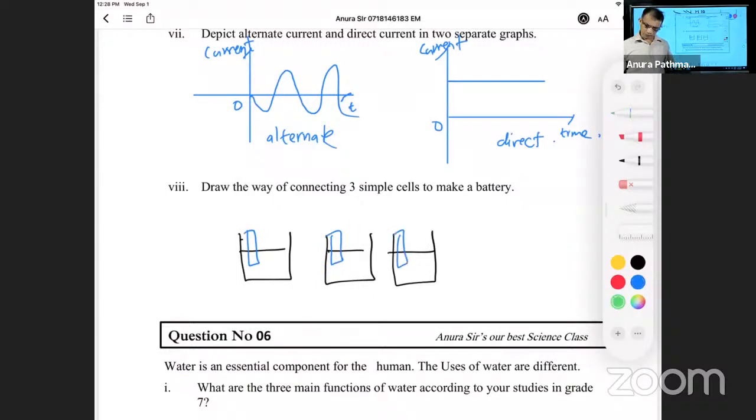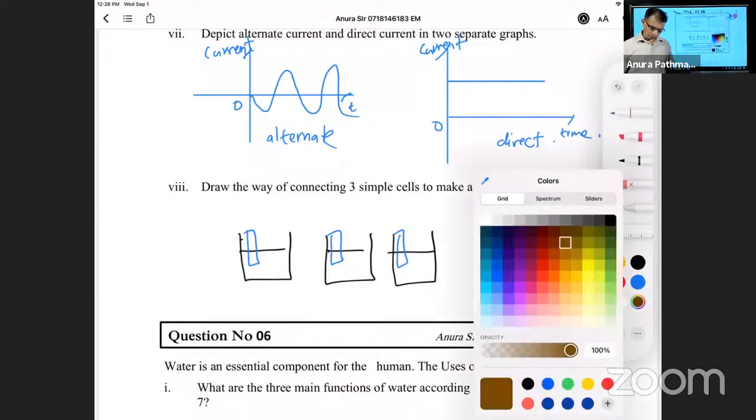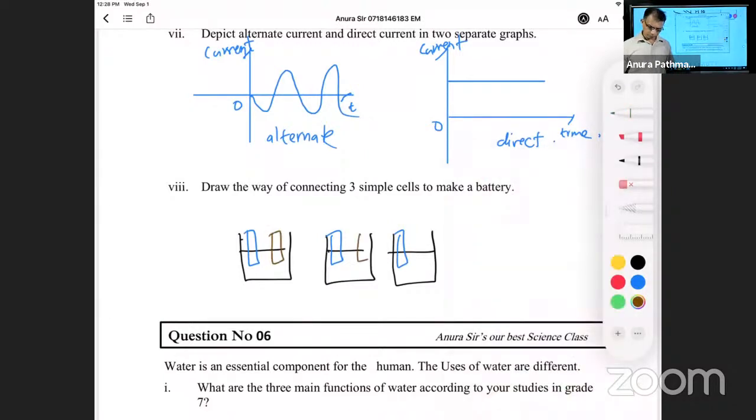I will put this color for the copper. Black coal. 1, 2, 1, 2, 1, 2. So what can we do? Connected.